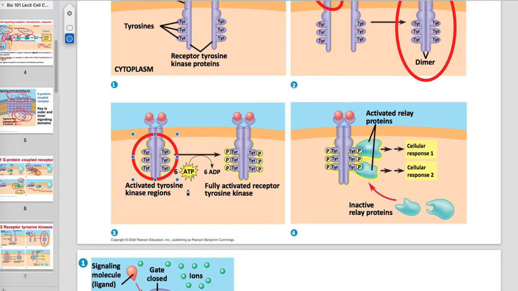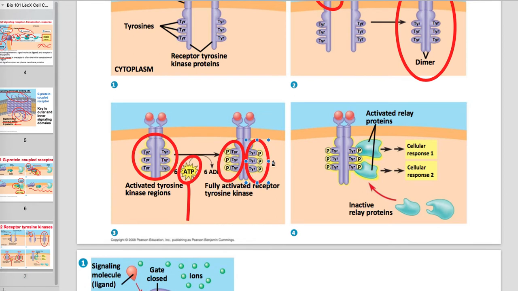So an enzyme, or a kinase in this case, shows up, and it takes ATP and takes one of those phosphates from each of those 6 ATPs and puts them on these tyrosines, because tyrosine is the best thing that can get phosphorylated. And remember that ATP and phosphate groups are just really easy to add, and they're a really easy shape change for us to do. So that's what activates them.